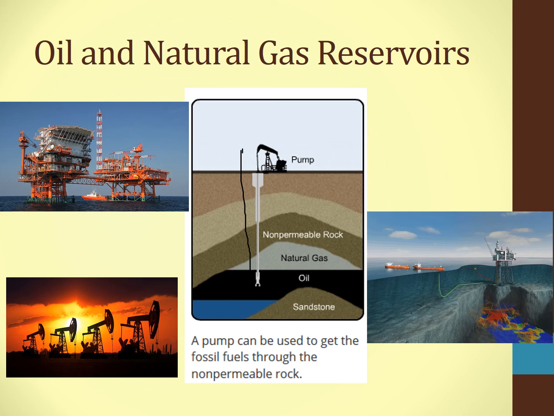If you live in Oklahoma, more than likely you've seen one of these pumps near you, maybe if you're driving or even near your home. These types of pumps are pumping that oil or that petroleum. Here's another picture of what those pumps look like.